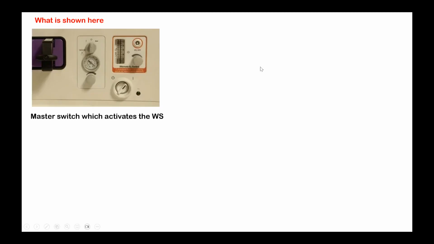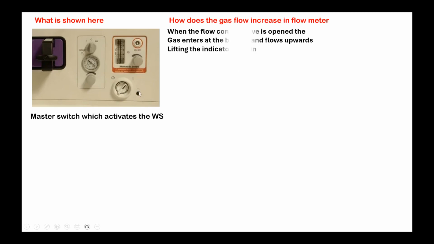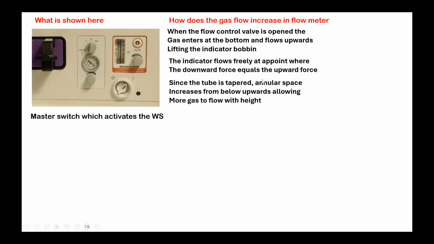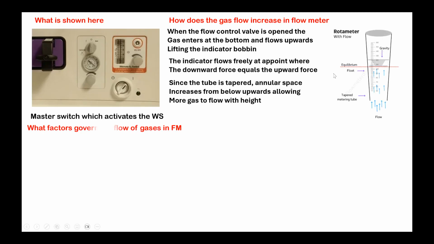Okay, so Aladdin vaporizer. What you are seeing is the master switch, which activates the working station. Then you have the gas flow control knobs, and they indicate flow freely at a point where downward equals upward. Why the bobbin floats is another question that they may ask you.